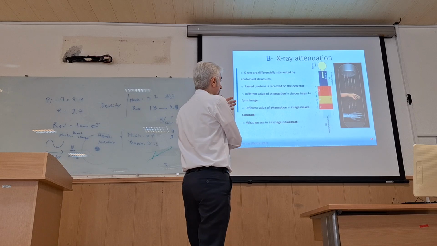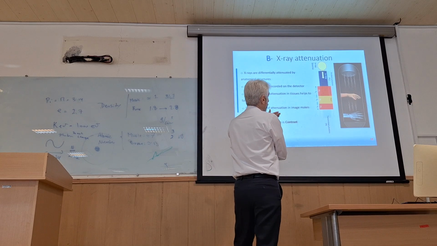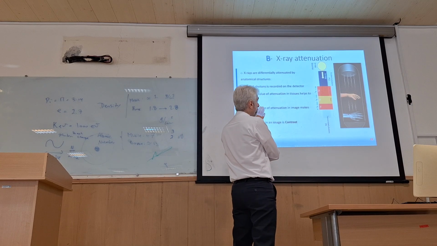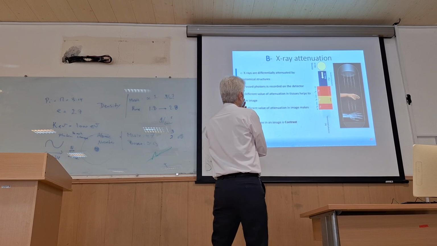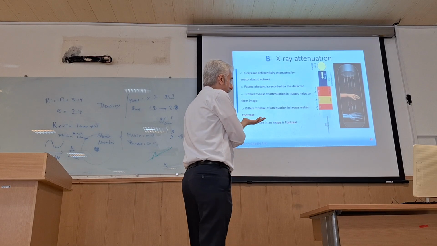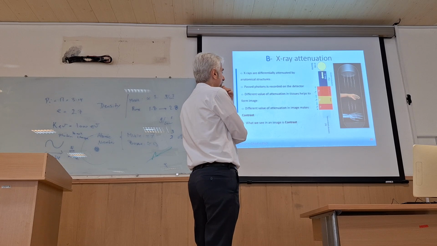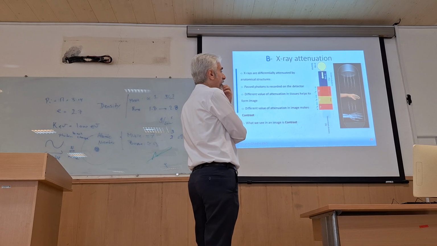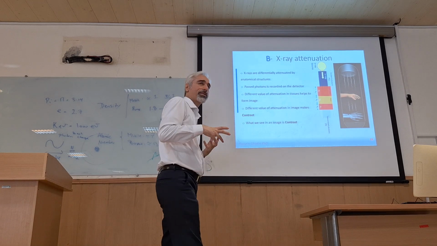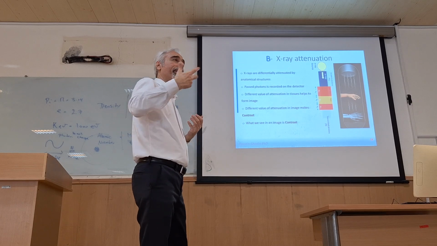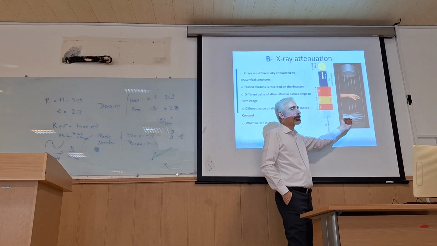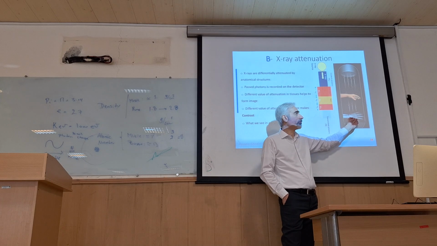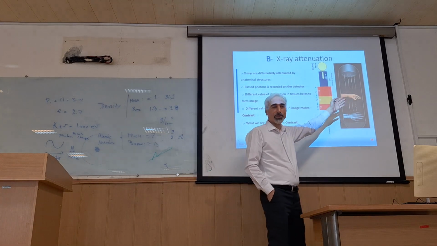And as I said, because of differential attenuation of the X-ray in the anatomical structure, we have an image that somehow is the shadow of the internal organs. We can call the X-ray image the shadow of internal organs.